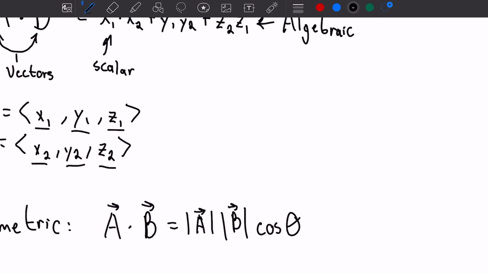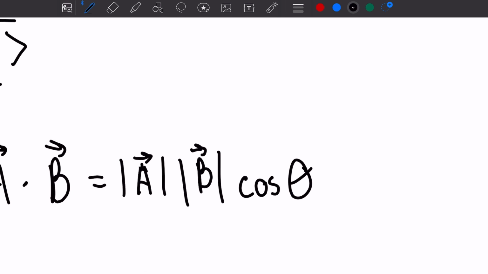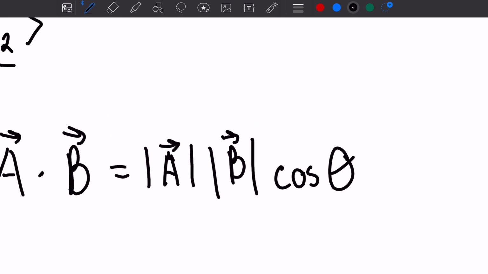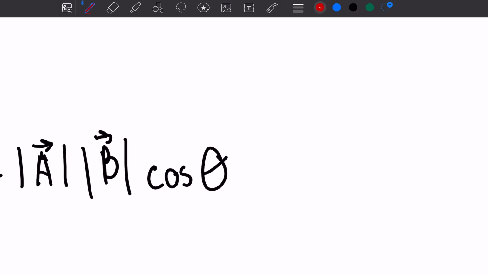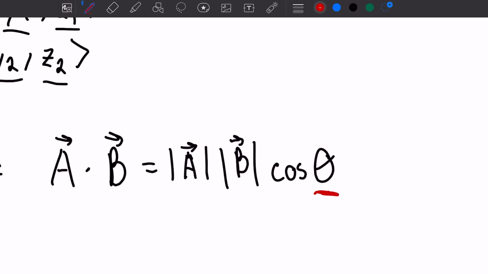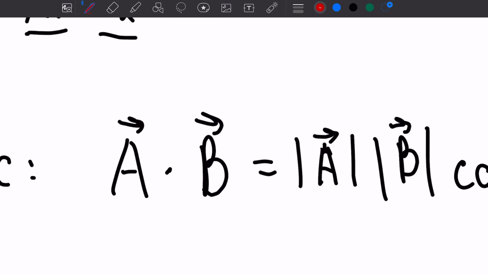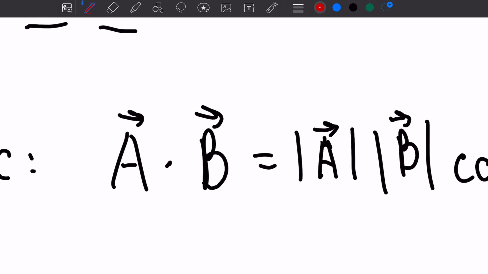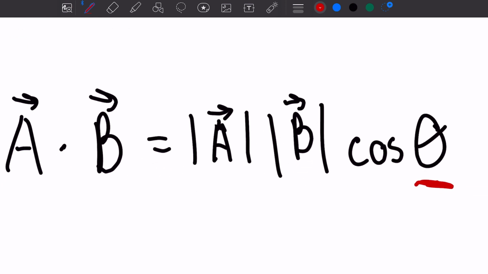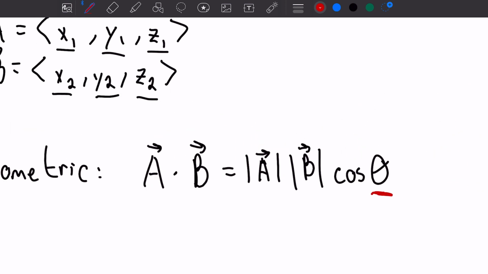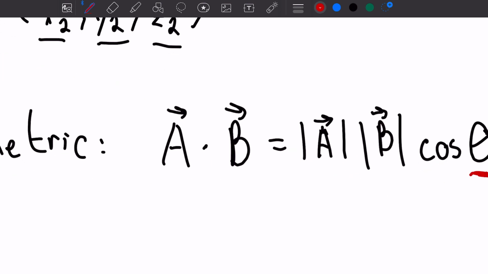This is useful for many reasons. First off, if we are given vector A and vector B, we could always solve for this theta value, the angle between them. The way we would do that is combine our algebraic definition from earlier with this geometric definition and take the arc cosine.